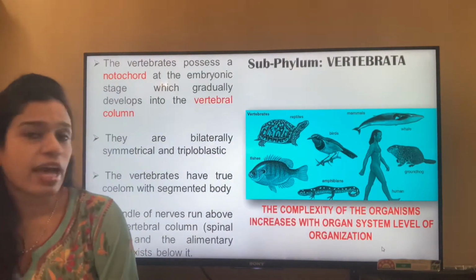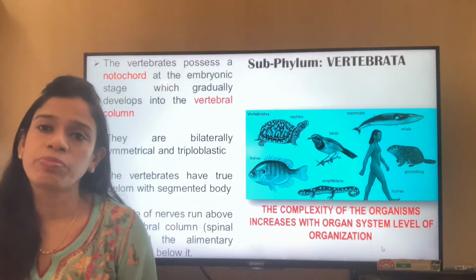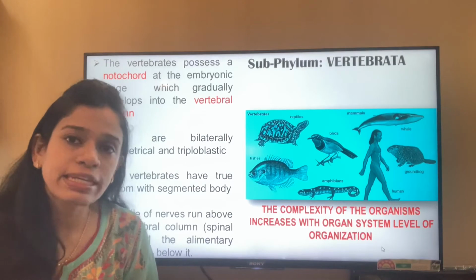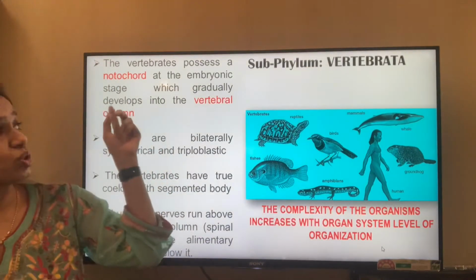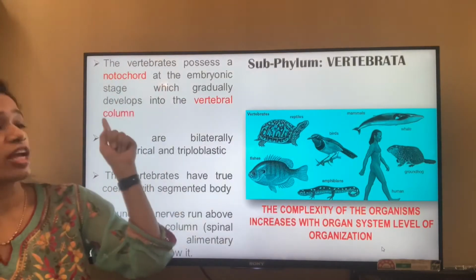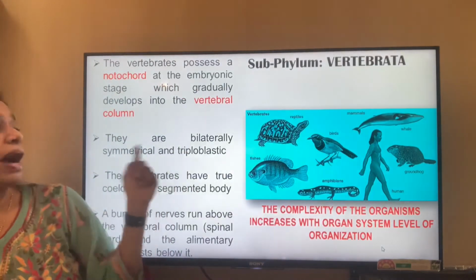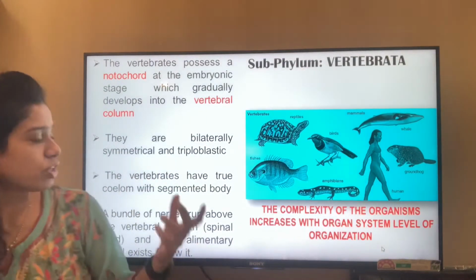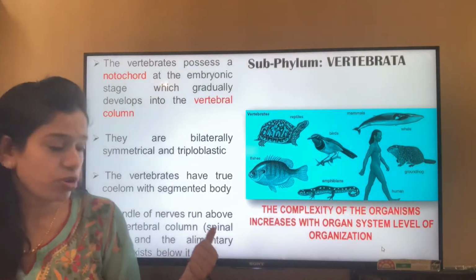Now Vertebrata, as I told you, the name has come due to the presence of the vertebral column. This is one of the most important characteristics for the Vertebrata. They possess a notochord at the embryonic stage, which gradually changes into the vertebral column. They are bilaterally symmetrical and triploblastic, which are also common characters for the chordates, and they are truly coelomic with segmented bodies.